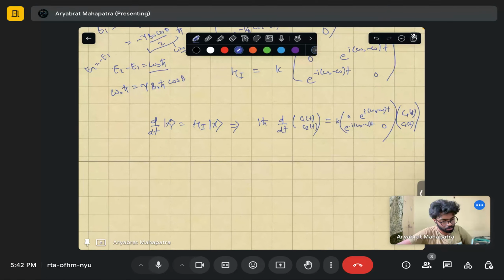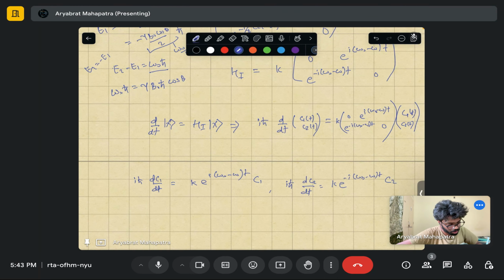Then you take dc1 dt, that will give you k i times omega naught minus omega times c2, and similarly we will have another differential equation, dc2 dt equals k minus i omega naught minus omega times c1.